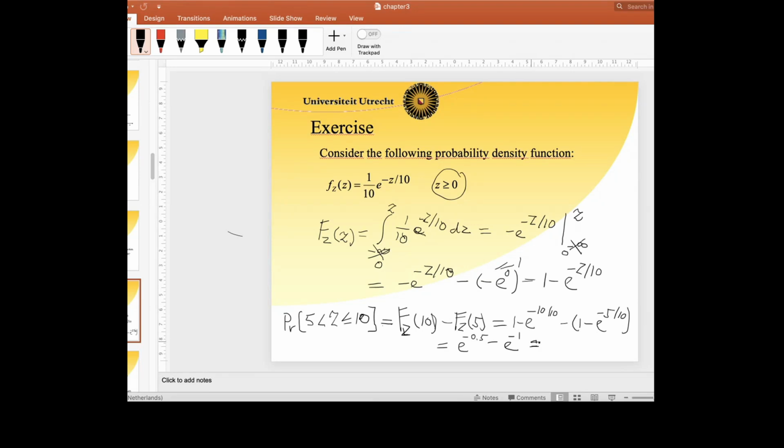And if we calculate that, let's see. Oh, it should be minus, sorry. That's not how it should be.